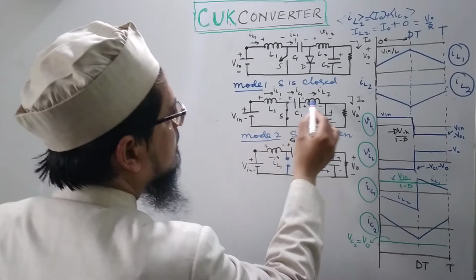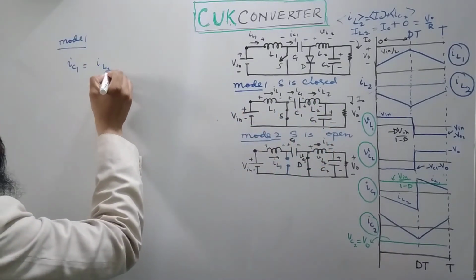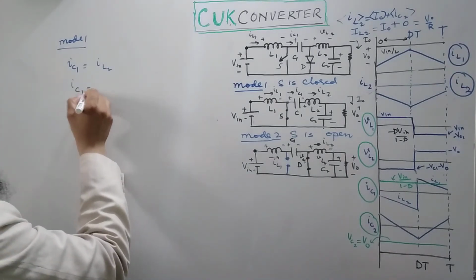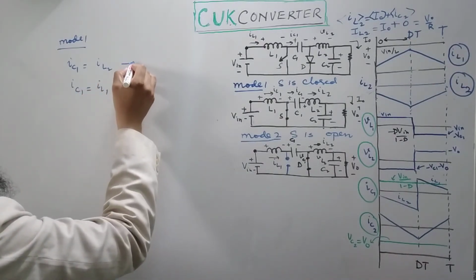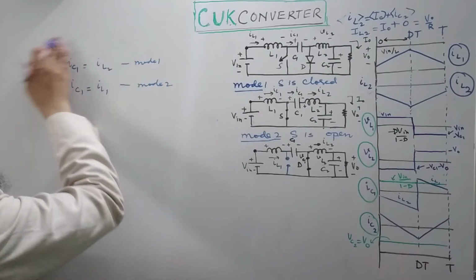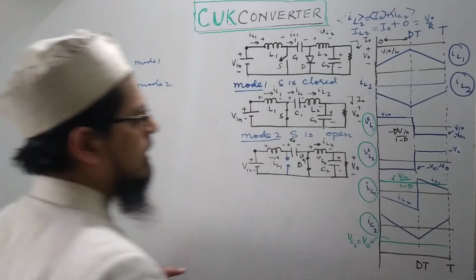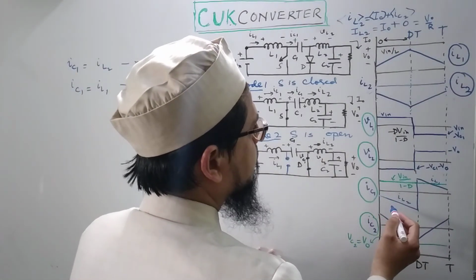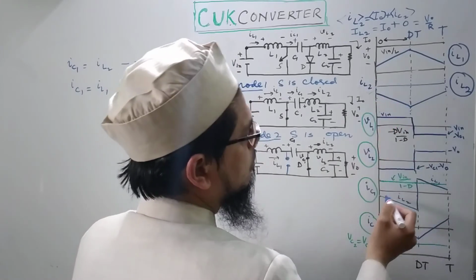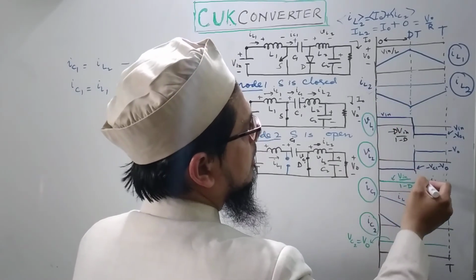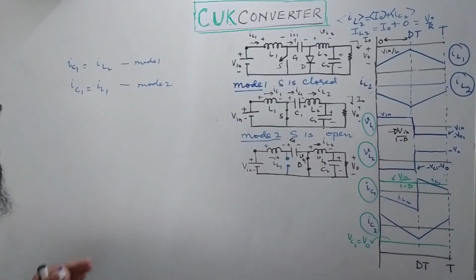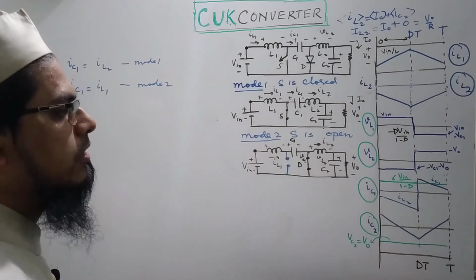You could see that IC1 is equal to IL2. In mode 2, IC1 is equal to IL1. So for IC1, I have drawn IL2, and then IL1. The slope will be the same for the two cases.